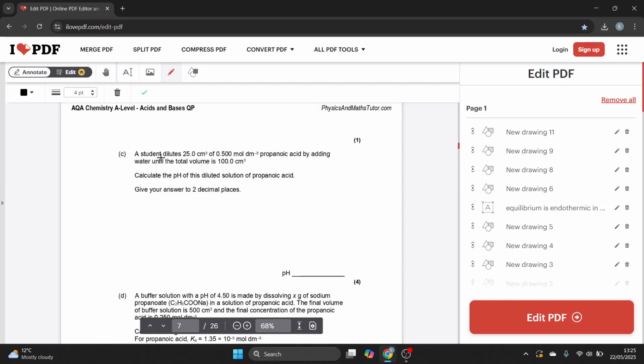There are specific questions in acids and bases that literally are specific methods which you should memorize in order to attack these kinds of questions.